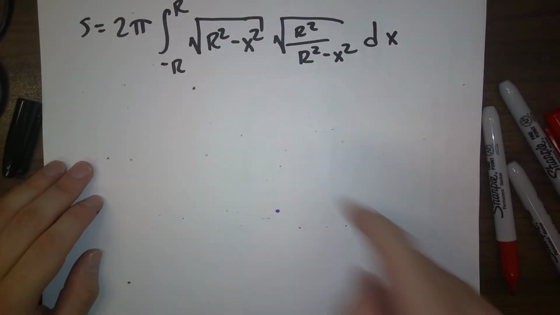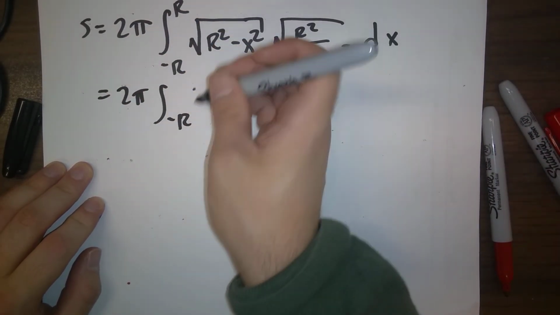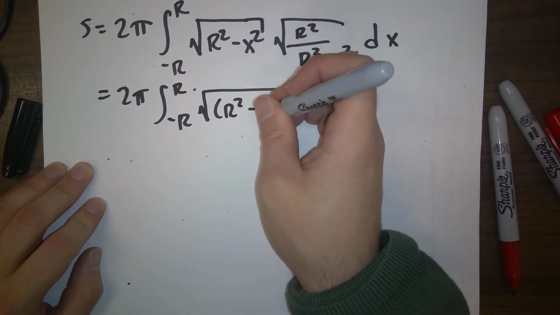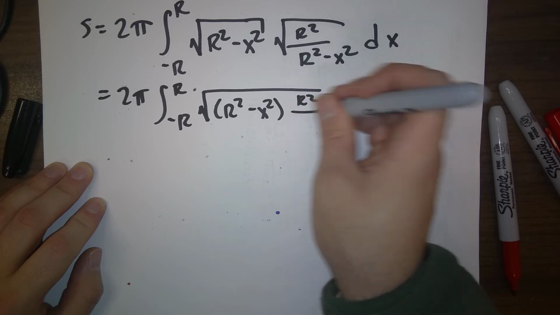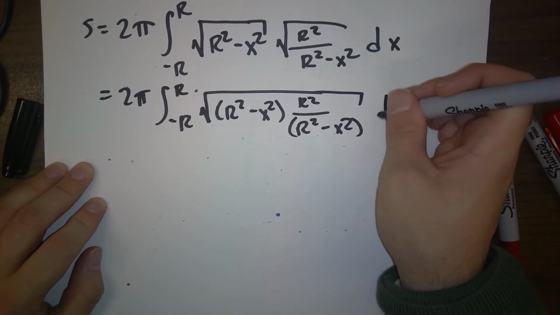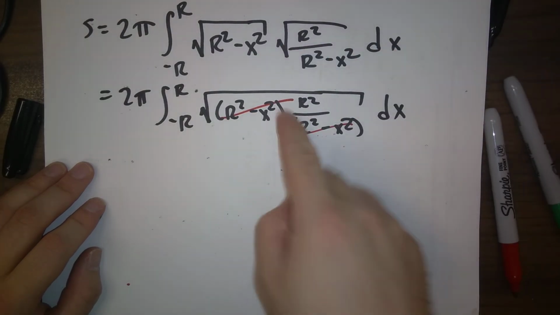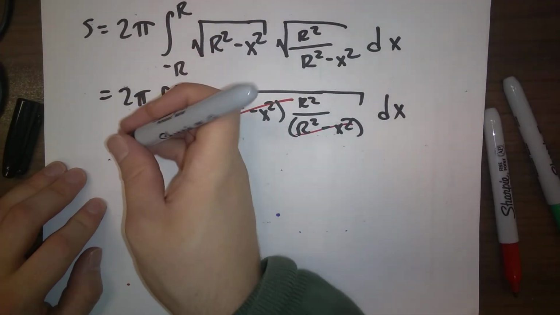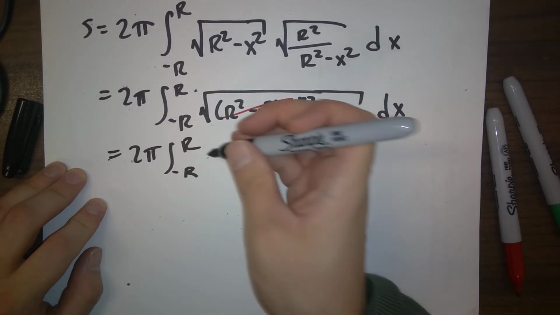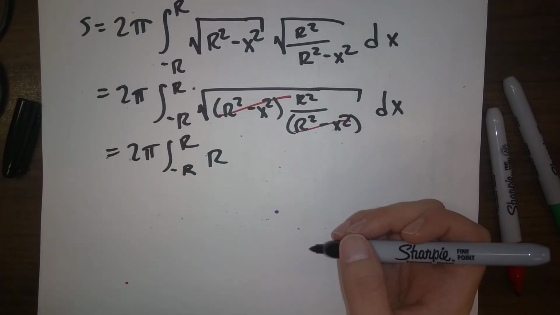Okay, so we've got two square roots here. We can actually combine them together under a single square root. And hey, why is that a great thing? Cancel, cancel. And the square root of r squared is just r. So we are integrating r from minus r to plus r.